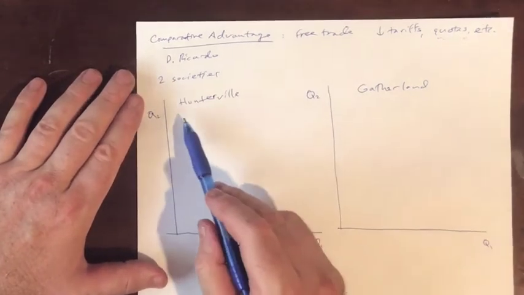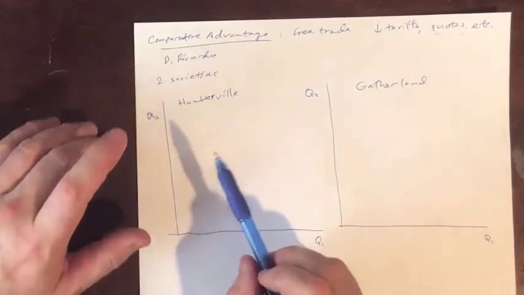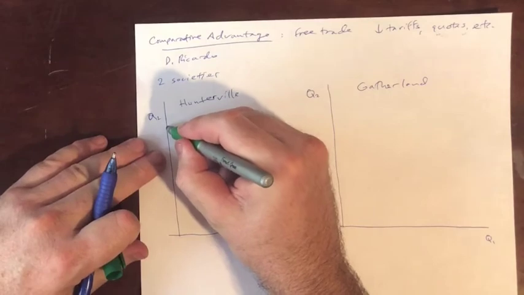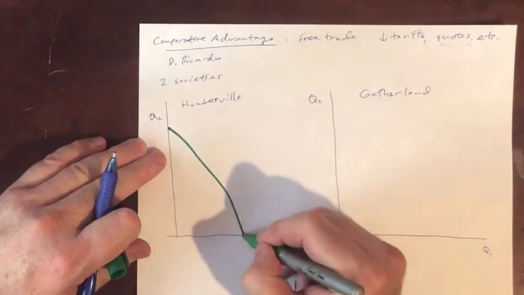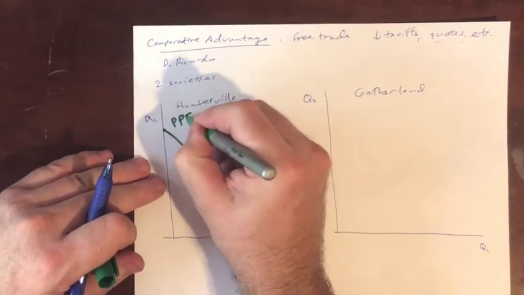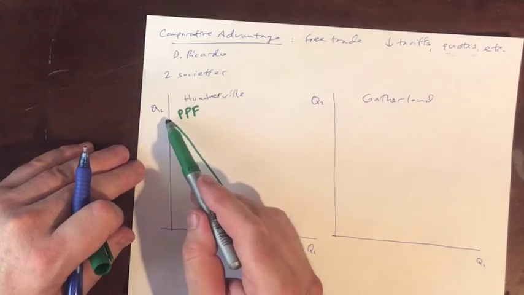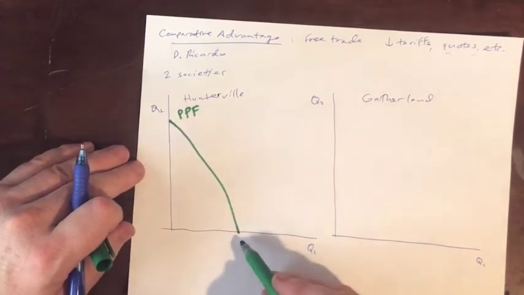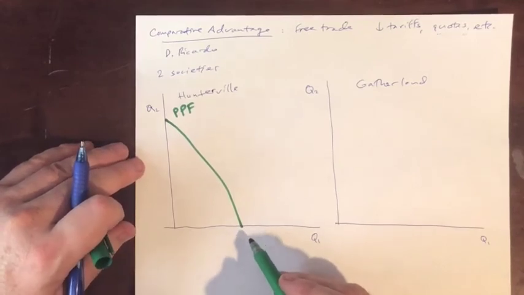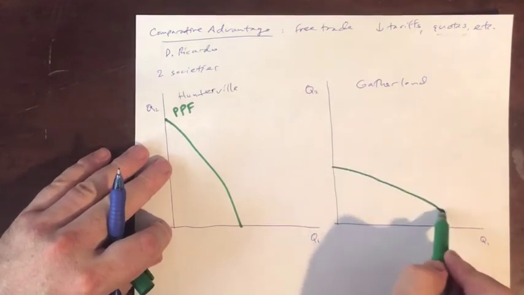These societies are good at different things. Hunterville is very good at hunting. They're not as good at gathering. So their situation is, let's say, kind of like this. They have a production possibilities frontier that indicates that if they produce meat, they can produce a lot of it, but if they want berries, there's much less they're capable of producing. Now, on the Gatherland side, their situation is reversed.